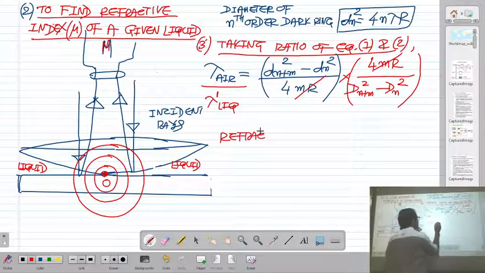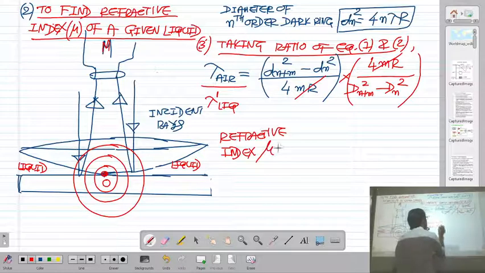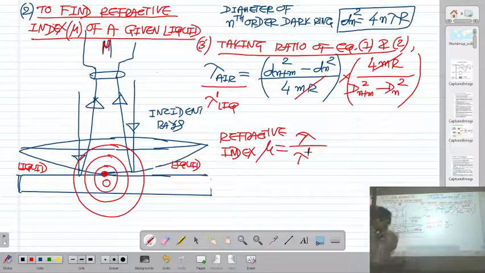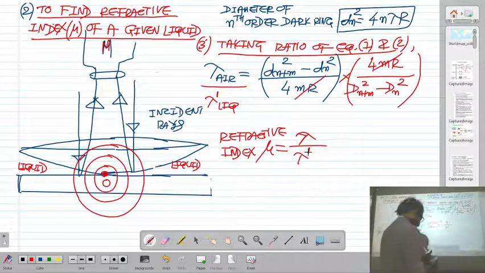Refractive index is defined as wavelength of light in air upon wavelength of light in liquid. You must be knowing this equation.